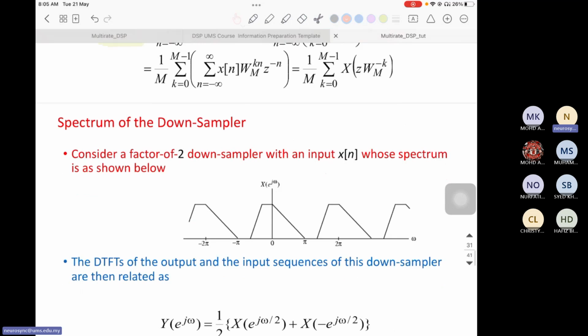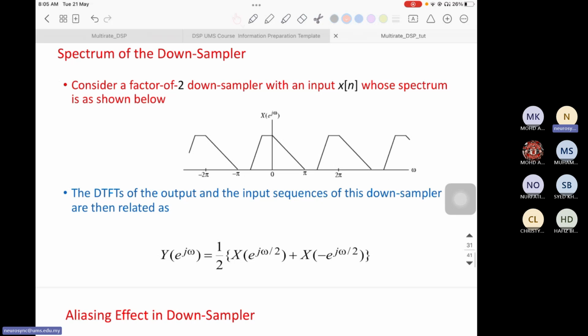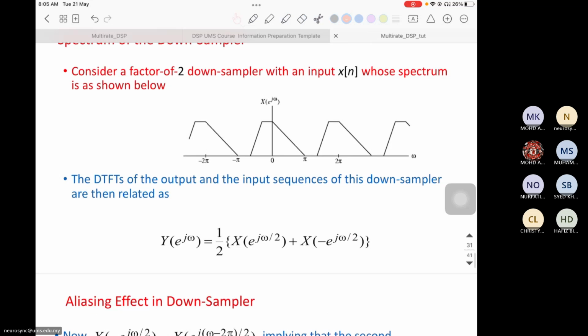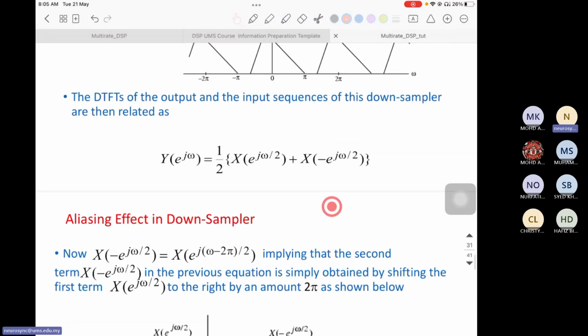Okay. So if I take M equal to 2, the factor 2 for downsampling, I'm having the same input sequence here.